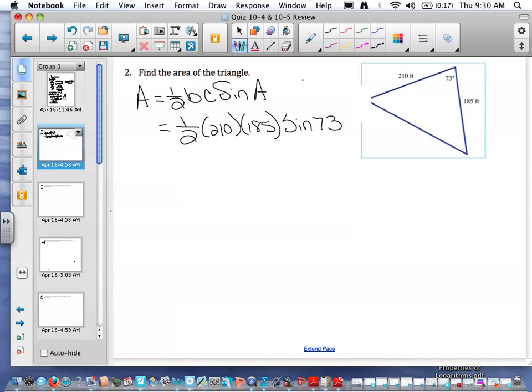So we just substitute the values in: the two side lengths, and sine of that included angle. And we get that the area of this triangle would be 18,576.2 feet squared. And I'm going to ask you to round your answers to the nearest tenth.